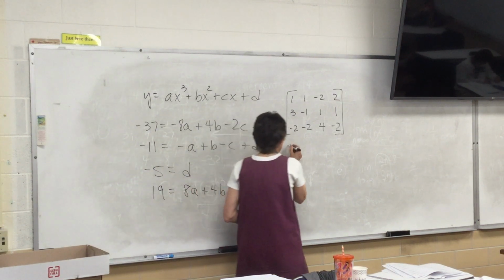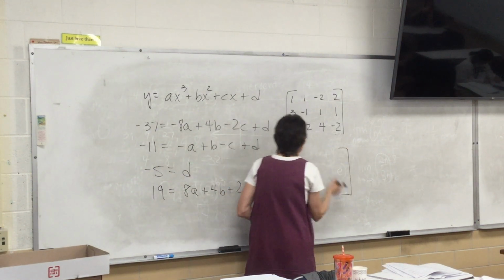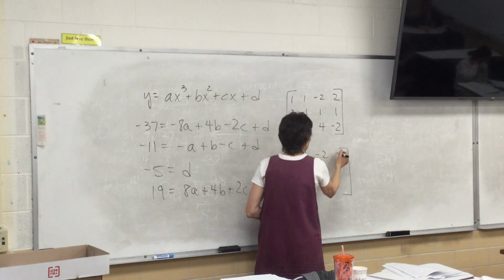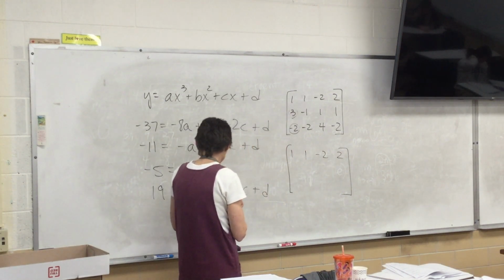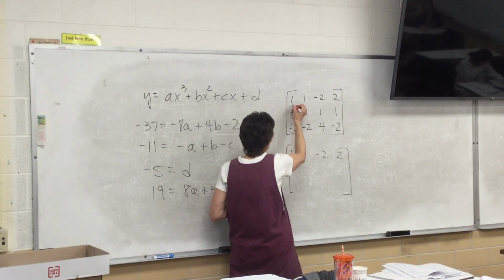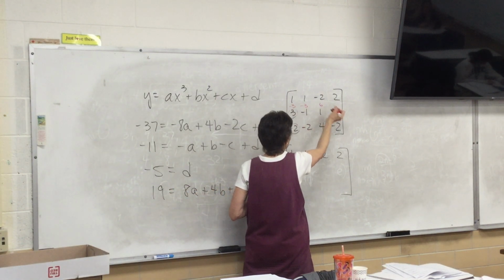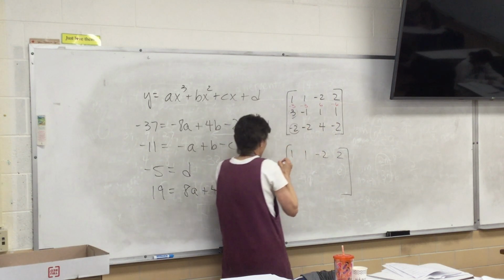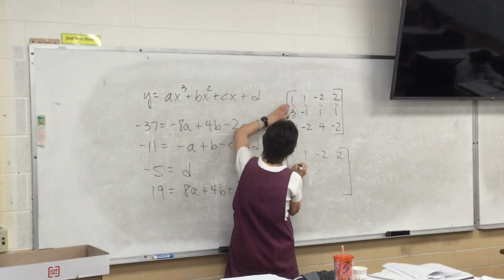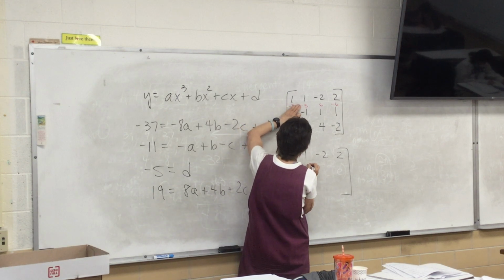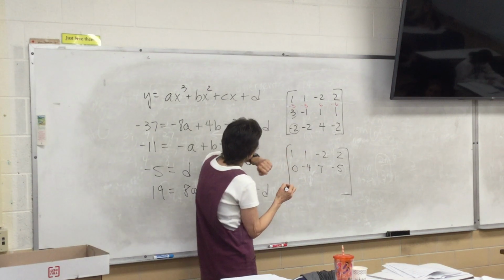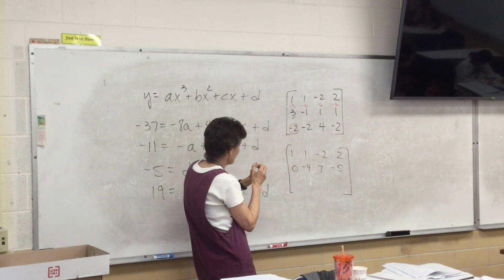So I know my first job is to get zeros here. So I'm going to go ahead and copy that top row. And then to make this a 0, I'll multiply by -3, carefully, and add, so I get 0, -4, 7, and -5 if I multiplied and added correctly.